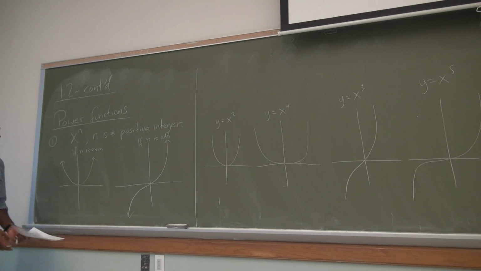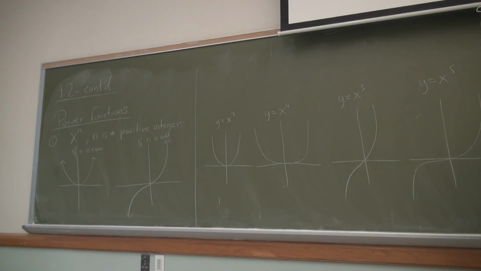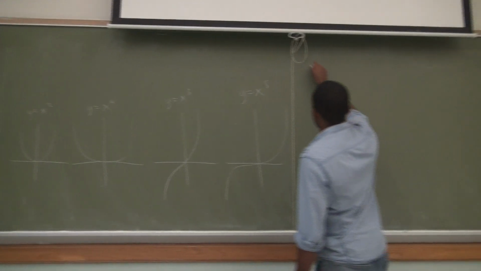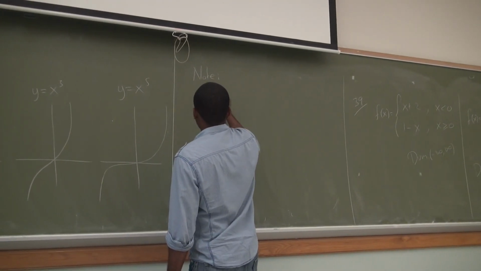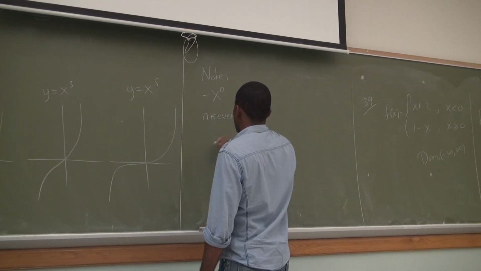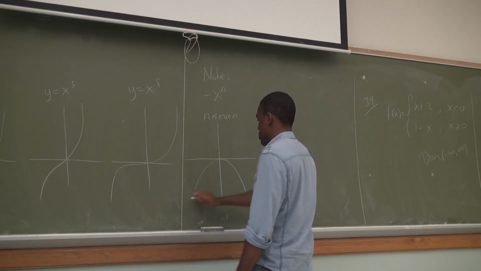And if the coefficient is negative, the thing will flip upside down. If you have minus x to the n, then if n is even, it will actually look like a parabola going upside down.